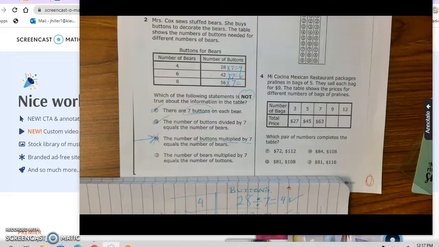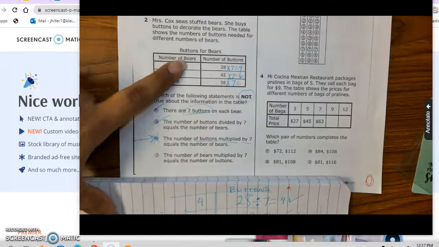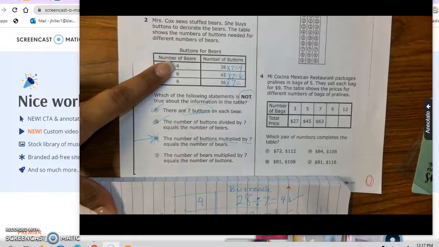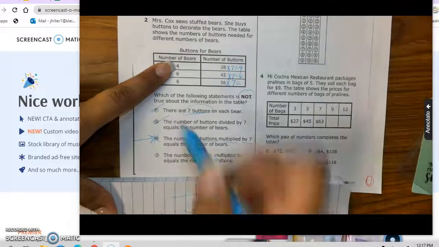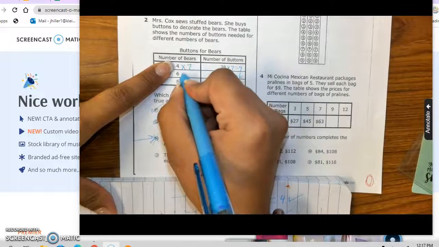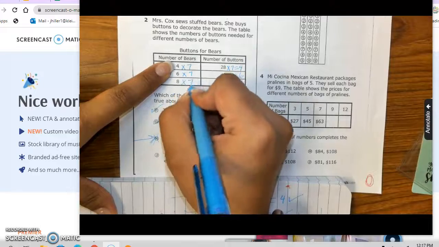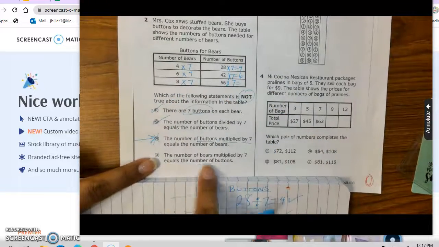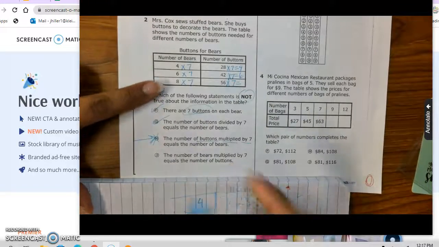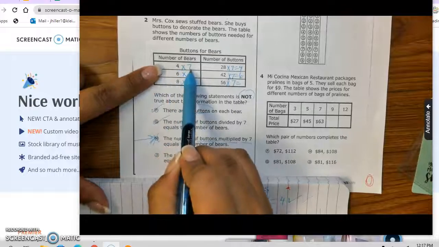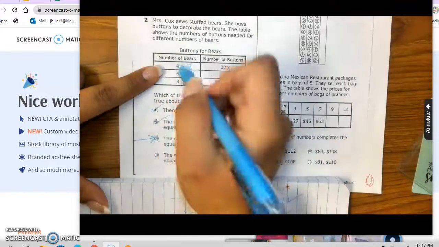So letter J reads, the number of bears, so go to the number of bears, multiplied by 7 equals the number of buttons. So again, does 4 times 7 equal 28?